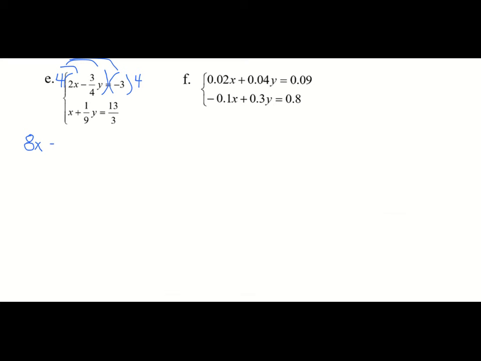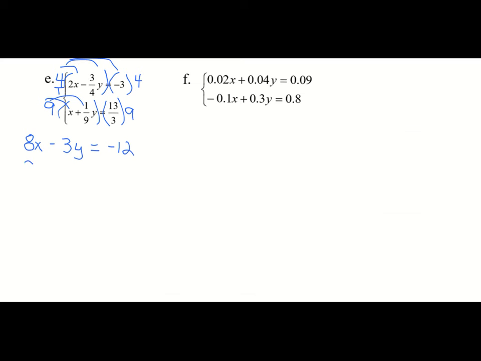Minus, if you do 4 over 1 times 3/4, you're going to end up with 3y. And then negative 3 times 4 will equal a negative 12. And then for my other equation, we have 9 and 3. So my common denominator here would be a 9, or the least common. So I'll multiply everything by 9.